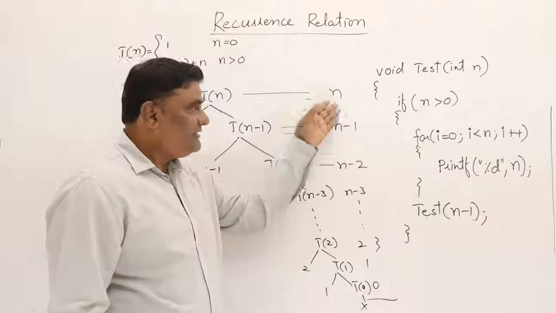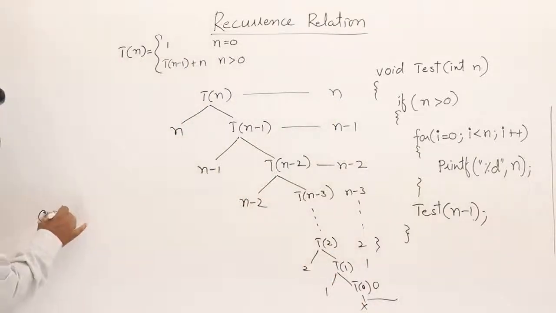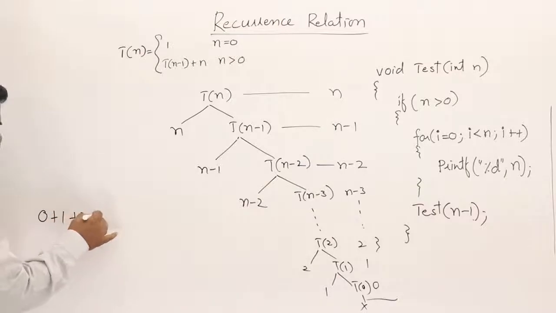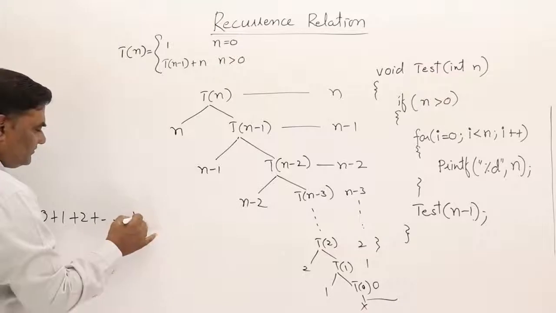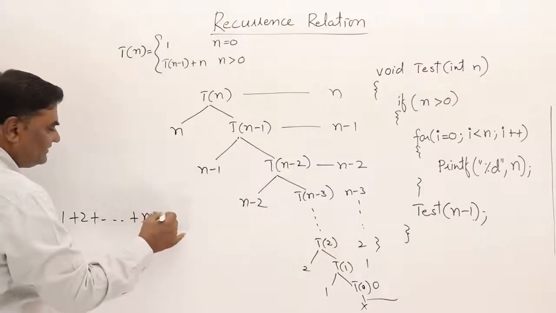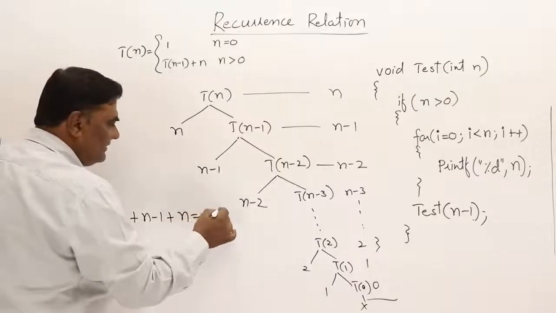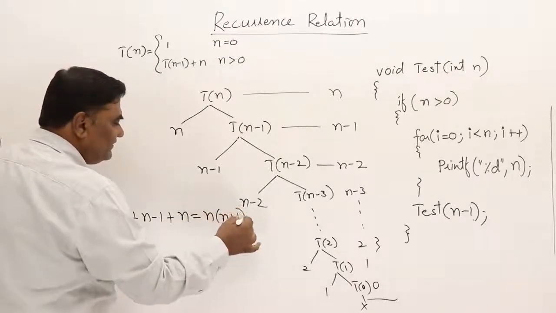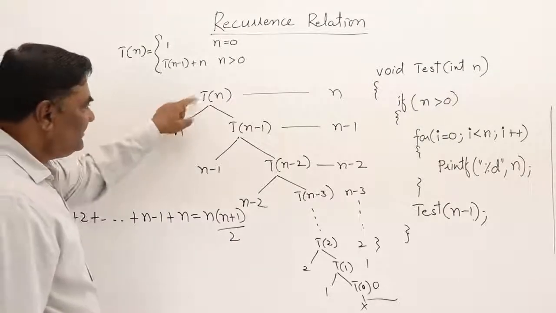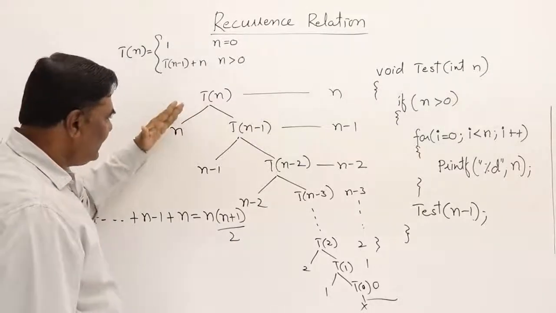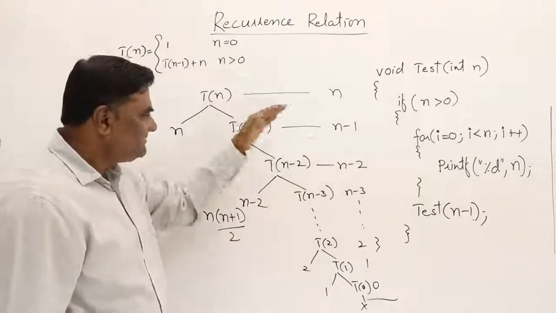If I sum up all these things, then it will be 0 plus 1 plus 2 plus, from here I am adding, and it goes on to n minus 1 plus n. What is this? N into n plus 1 by 2. So the total time here: the time for this one is n plus this time. How much is this time? N minus 1 plus this time.